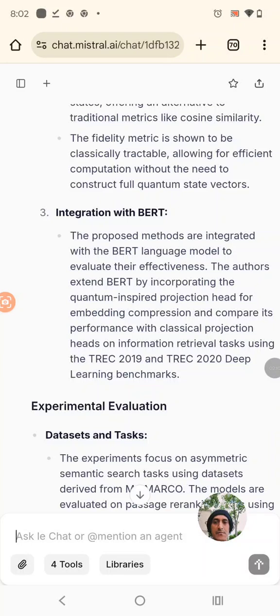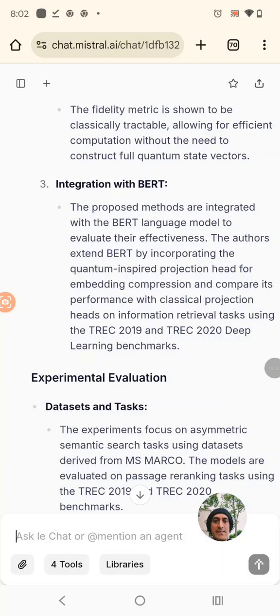And number three major contribution is integration with BART. They have proposed a method to integrate with the BART language model. BART gives contextual embedding, and now we have quantum embedding.